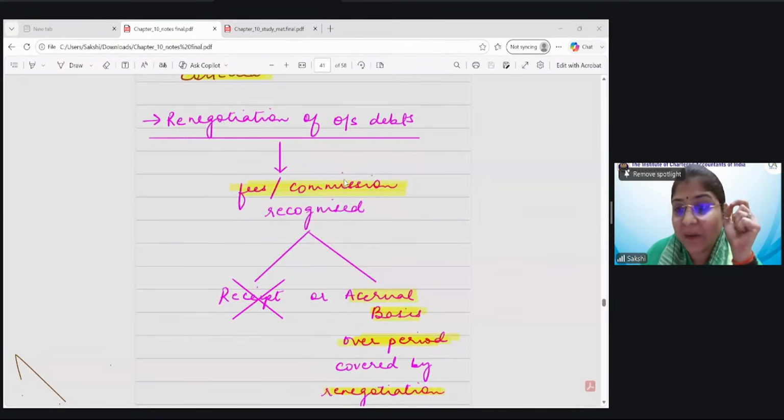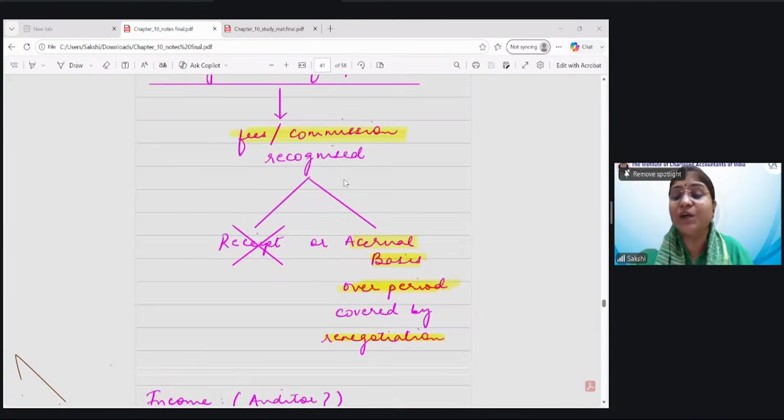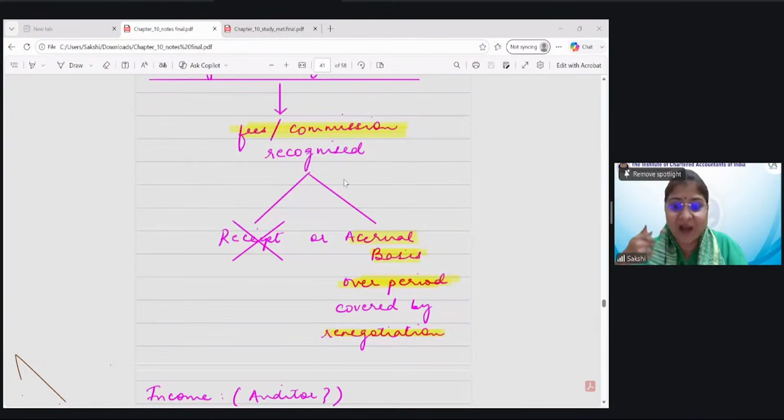So the fee or commission that the bank is receiving is to be recognized not on receipt basis but on accrual basis, as it accrues over the period covered by renegotiation. It has to be spread like your 100 rupee discount income is spread between the years. Likewise, the fees or commission the bank is receiving, the bank will spread across the period covered by renegotiation on accrual basis. Is this clear to all of you?